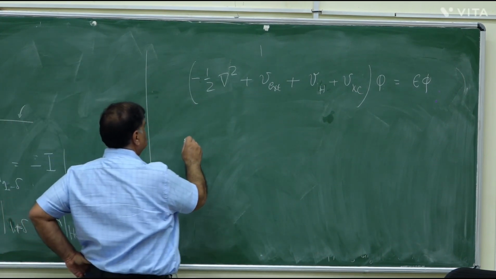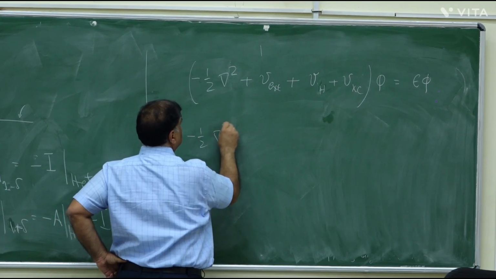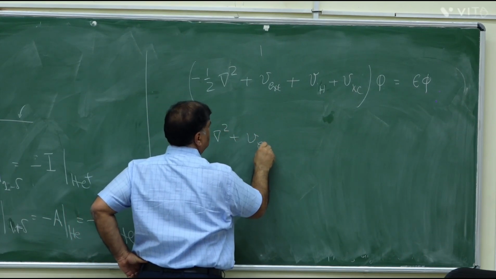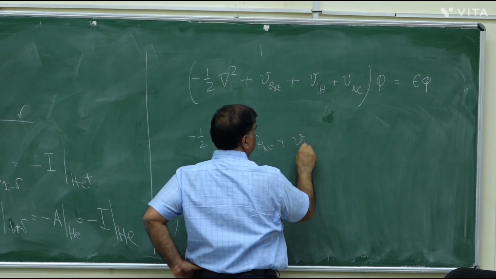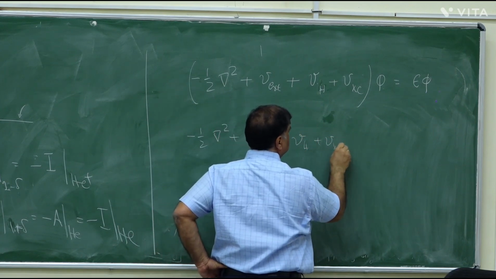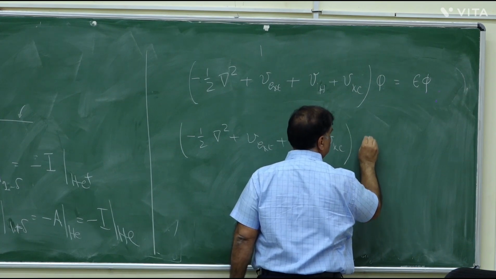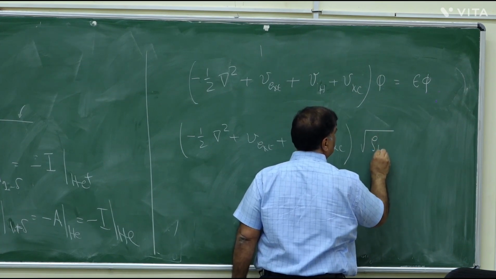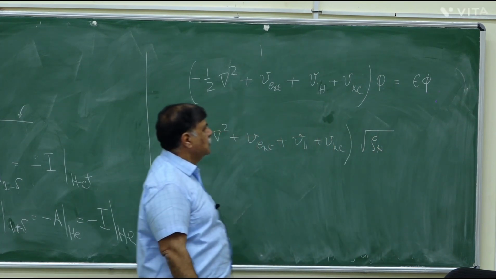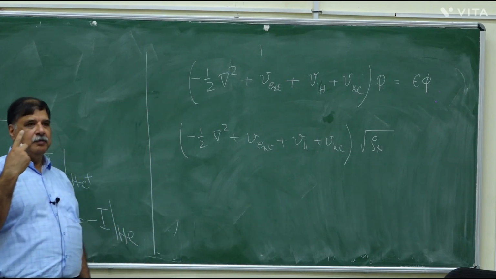Now you add minus del squared plus v external plus v Hartree plus v xc, I'll write this for the square root of rho n, which is phi for one particle.